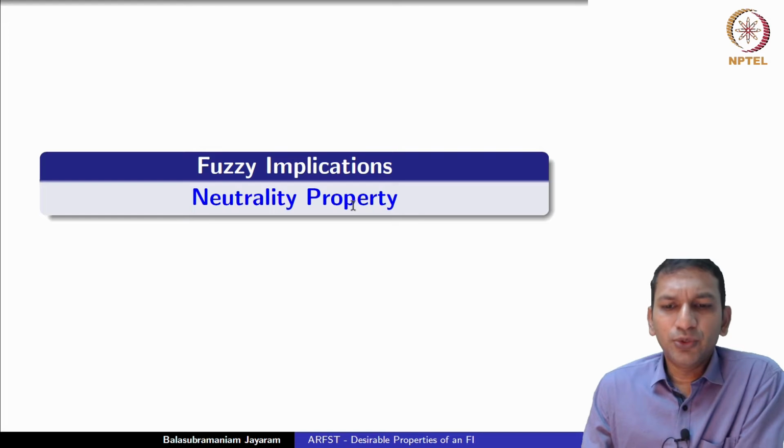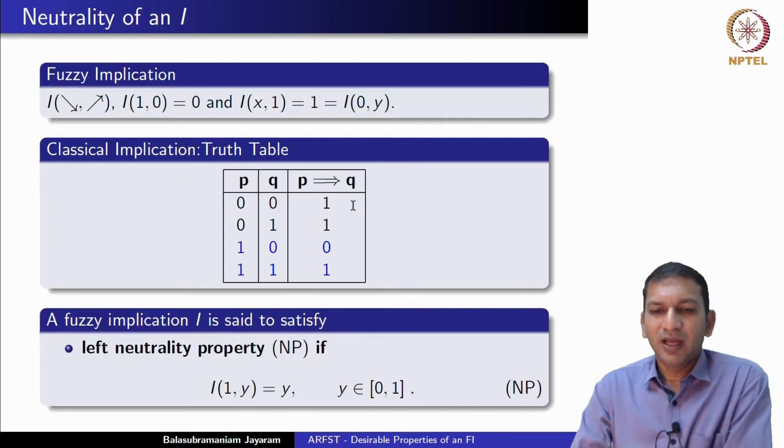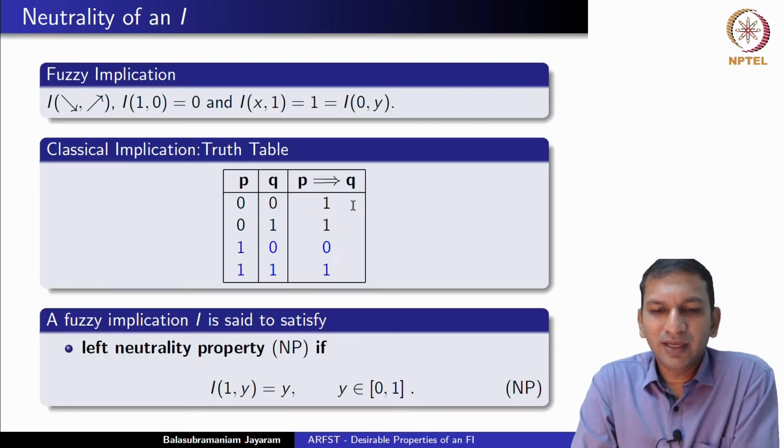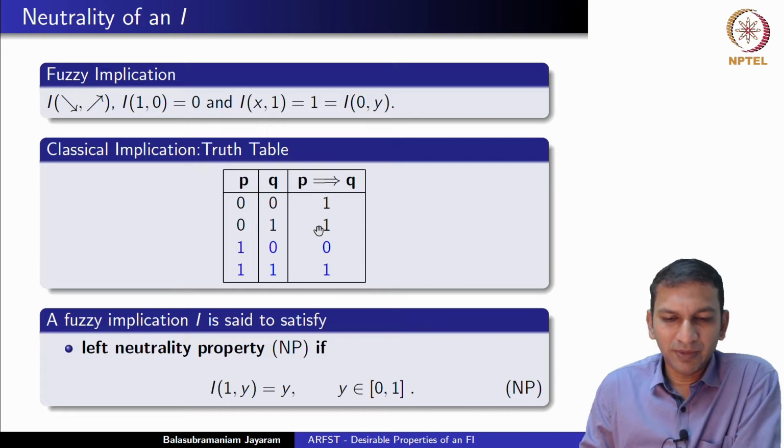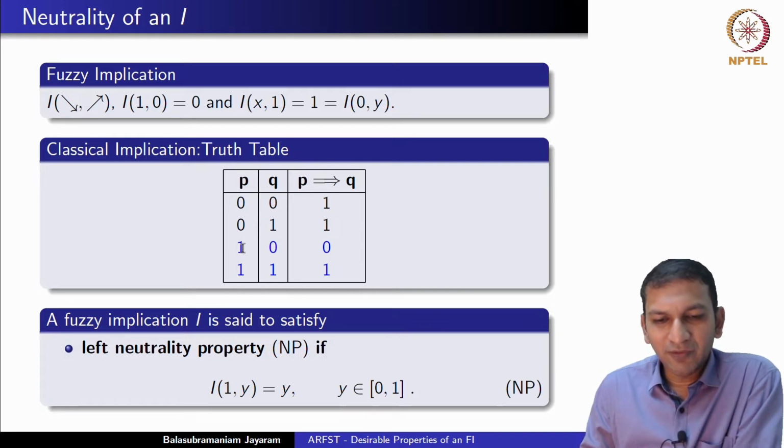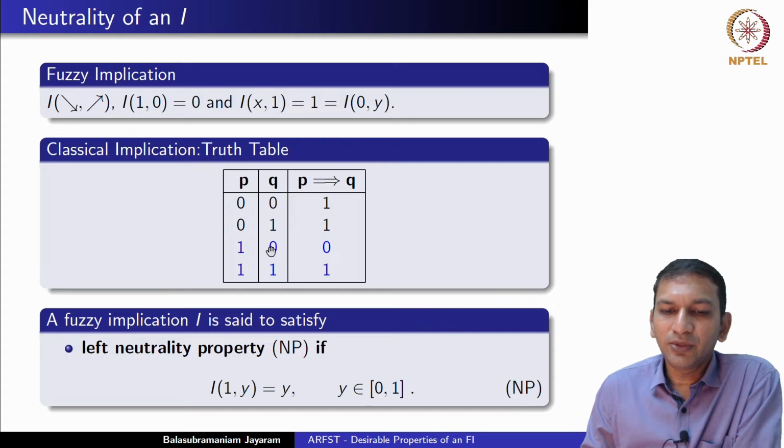First of them is the neutrality property. Let's look at the classical implication truth table. Now, when you look at this truth table, it appears that when the first variable takes the value 1, then the overall truth value of the implication is essentially the value taken by the consequent q, the second variable.